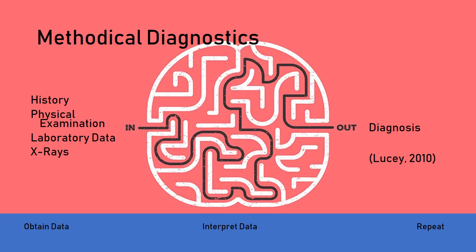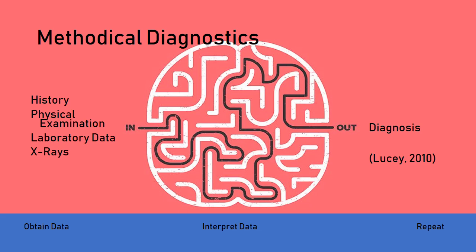So on the left of the screen here, we can see that it's about interpreting the data from our history, our physical examination, as well as laboratory data and x-rays, but really clinical diagnoses are very much about understanding our real essentials, which is our history and physical examination. There are several studies that you'll be able to find that suggest that about 80% of diagnoses come from the history alone. So essentially we're talking about good quality data coming from our history.